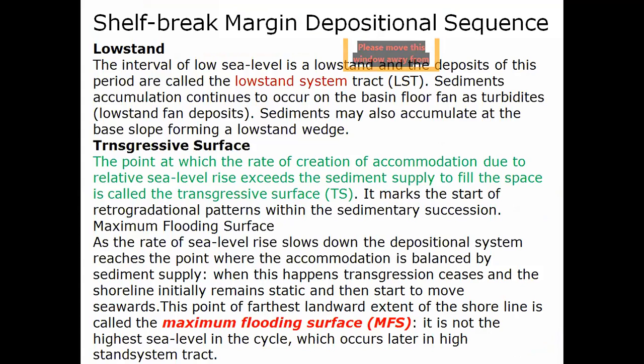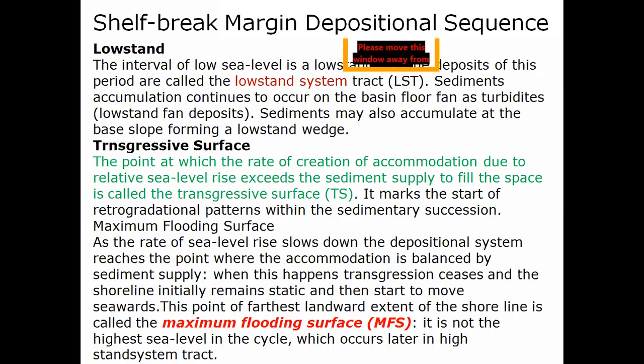Then low stand system tract. The interval of sea level is a low stand, and the deposits of this period are called the low stand system tract. Sediments accumulation continues to occur on the basin floor fan as turbidites. Sediments may also accumulate at the base slope, forming a low stand wedge.